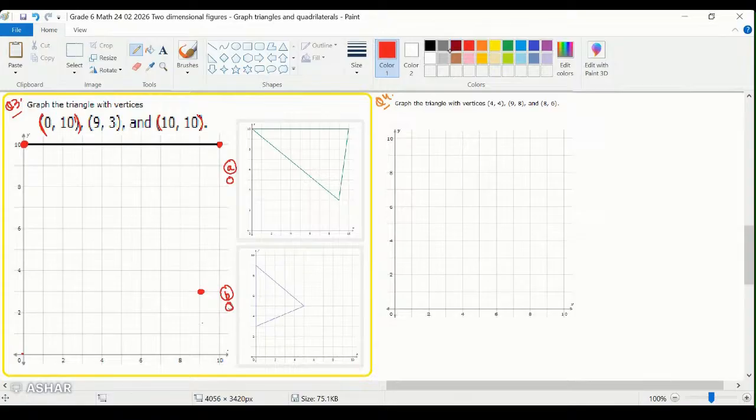So once we join the 3 points together, we will have this shape. And this shape we can find in this option number A, right? Because option number B is a very different shape. So option number A is the correct answer. Agreed?